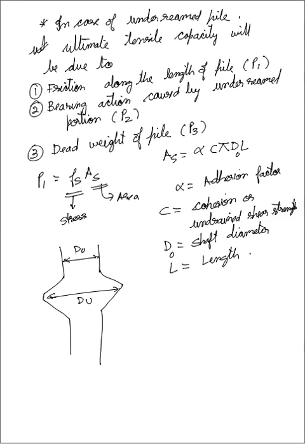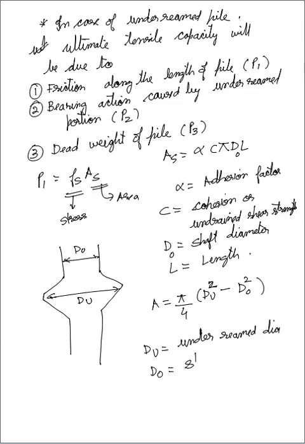So basically area A is equal to pi by 4 (DU square minus DO square), where DU is the under rim diameter and DO is the shaft diameter.